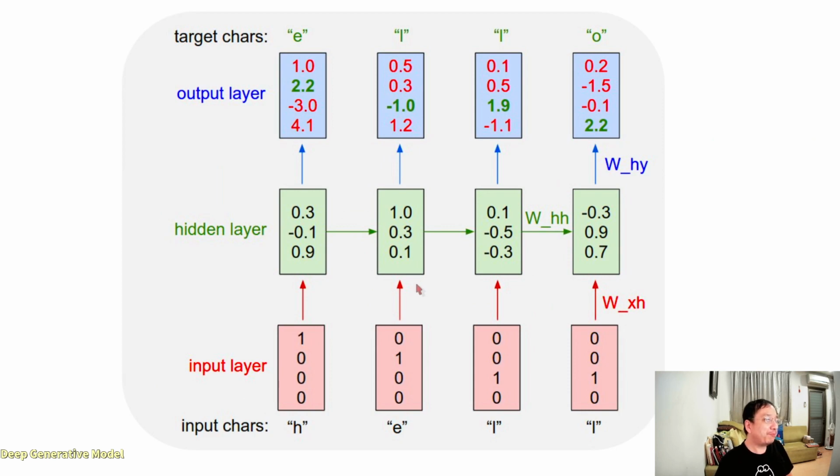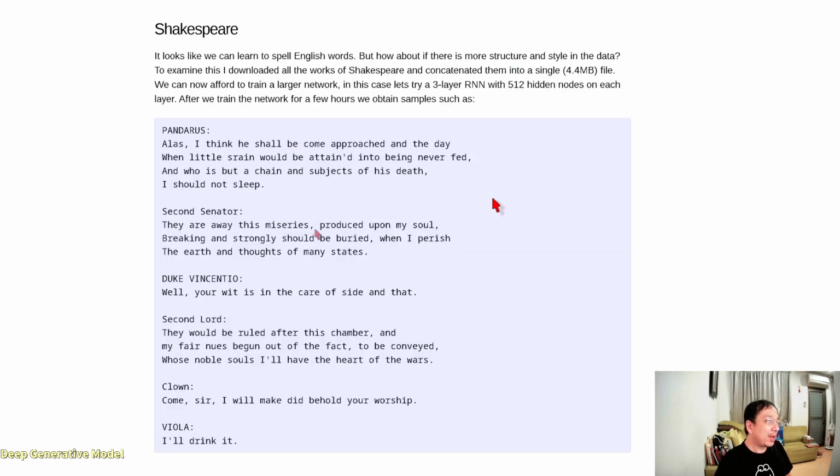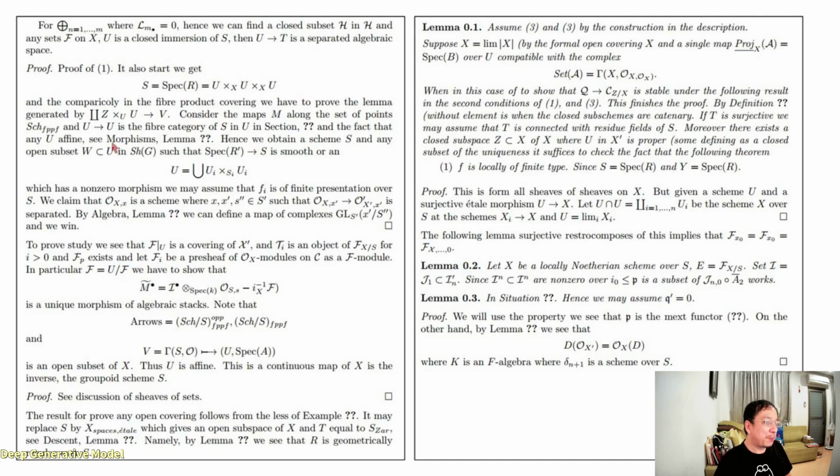Okay, so this one is the Shakespeare text. It was generated, and it can also generate more complicated things. So in fact, it has a better generative quality than the simple model that we just mentioned.